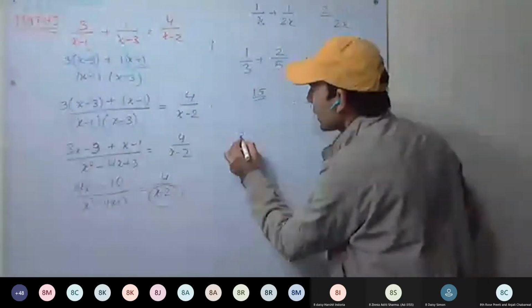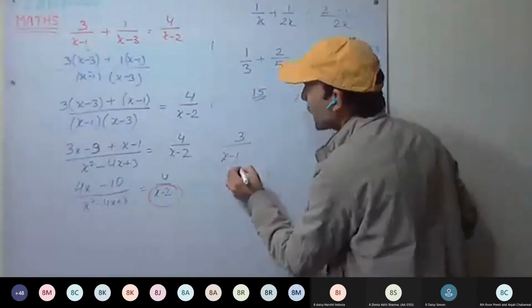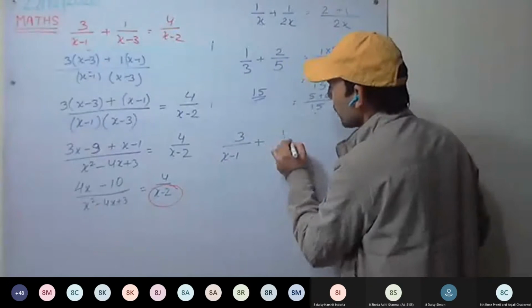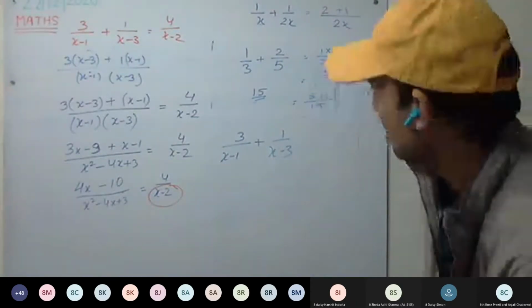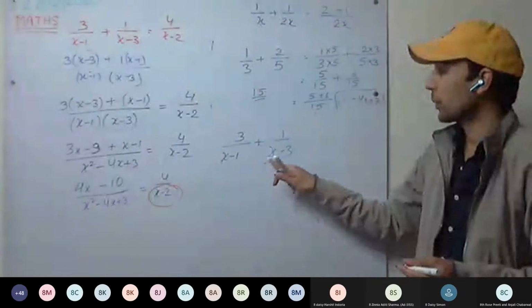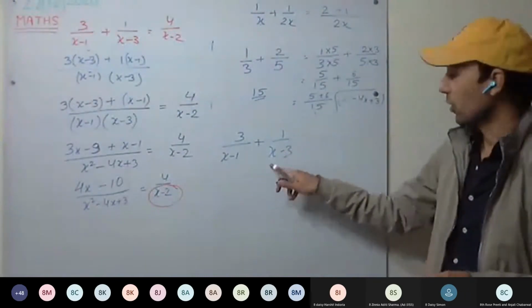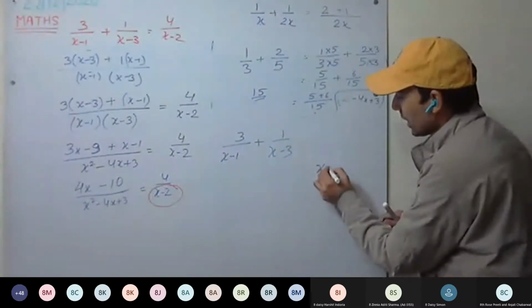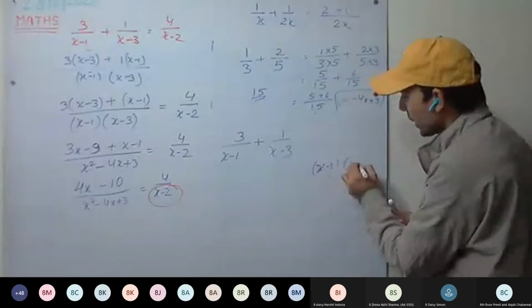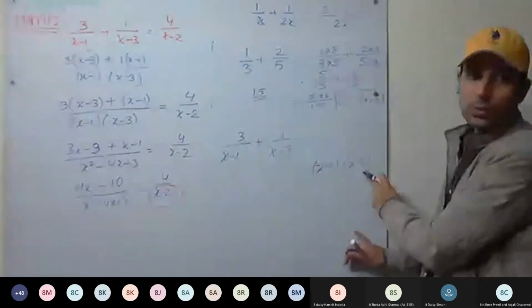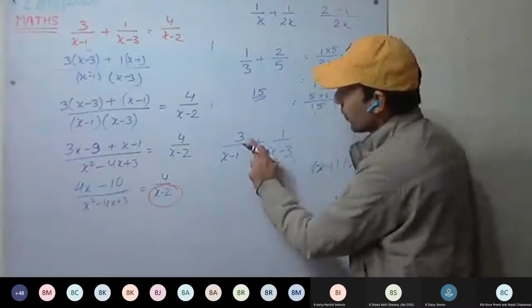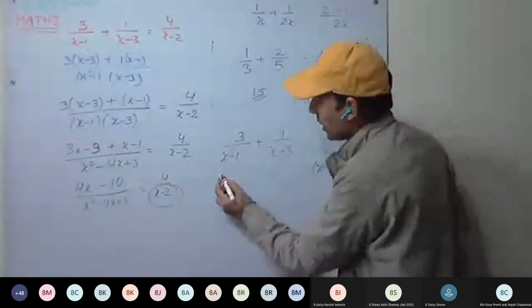Okay, see it again. It is 3 upon x minus 1 plus 1 upon x minus 3. We have to add them. So first we have to make the denominator the same. What is the LCM? LCM is x minus 1 into x minus 3. That means both denominators should be x minus 1 into x minus 3. So take the first term, 3 upon x minus 1.